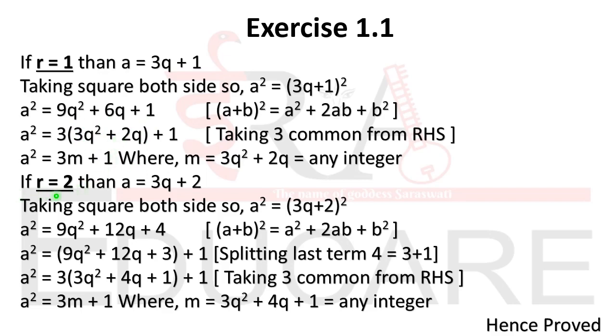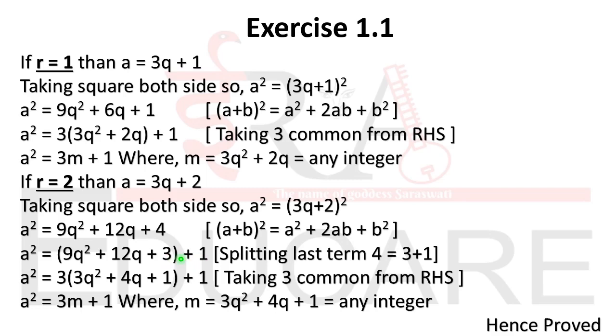Last, if r is equal to 2, then a is 3q plus 2, right? So taking the square both the sides, a square is equal to 3q plus 2 whole square. So you get 9q square plus 12q plus 4, using the same property, right? So 9q square plus 12q plus 3 plus 1, we are splitting the last term because we divide 4 into 3 plus 1, right?